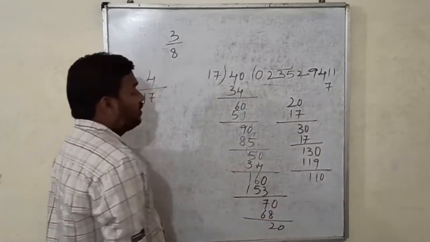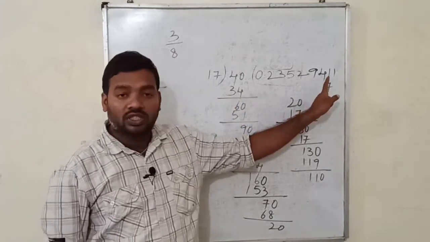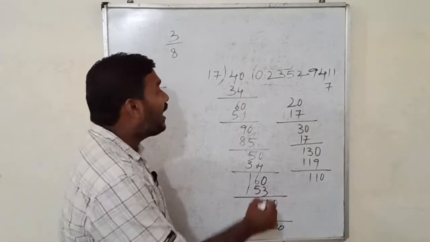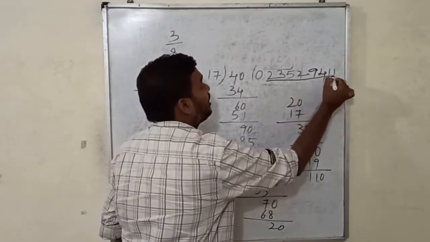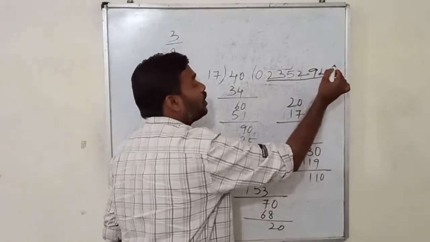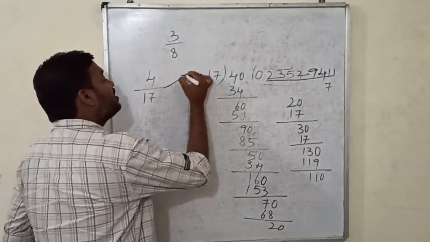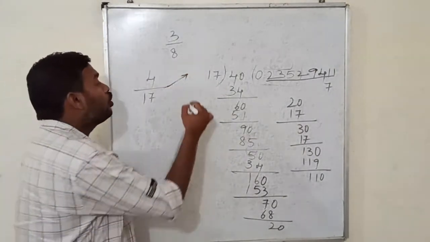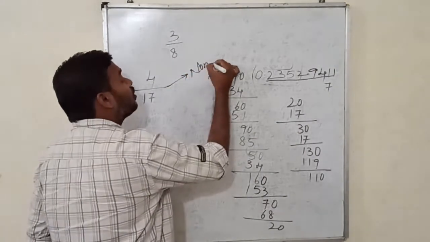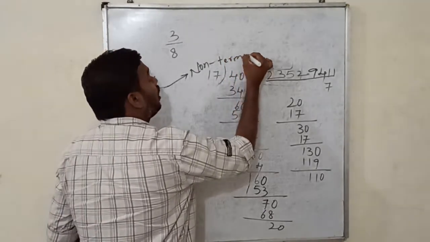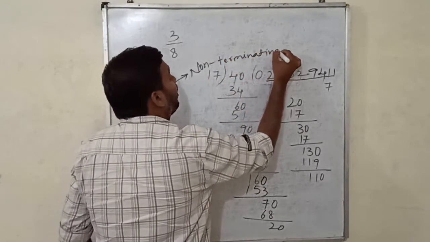Like that the decimal is continuous, and after some time the digits 2 3 5 2 9 4 will be repeated again. So 4 by 17 is a non-terminating recurring decimal.